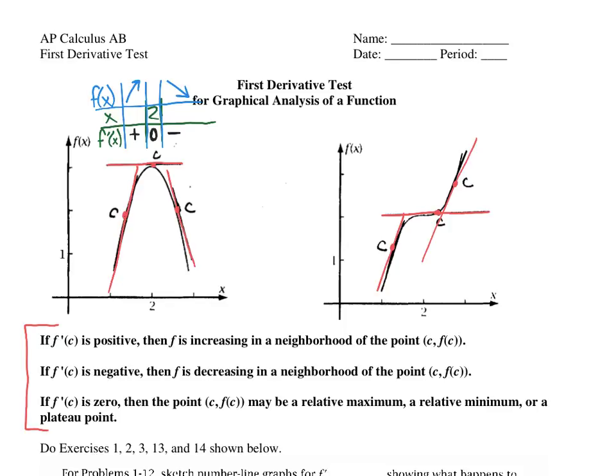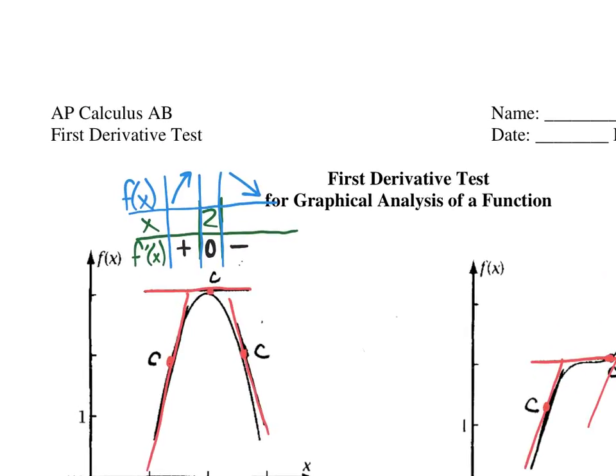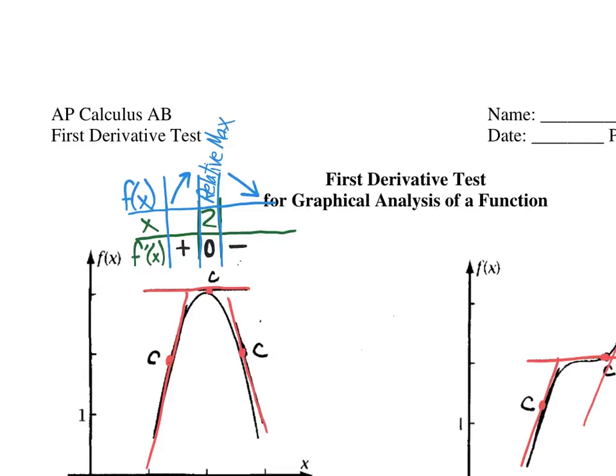You get where it's 0, which gives us a relative maximum. That's going to be a relative maximum because we were increasing, now we're changing to decreasing. So at some point we had to get to that highest point. So that right there is our relative maximum, or we could just say max for short.